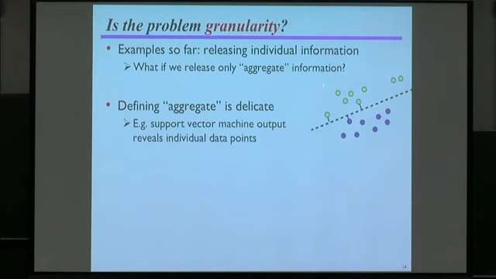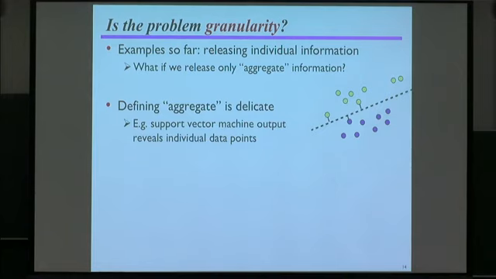It's the result of some global optimization using all the points in the data set. But the standard format for representing the output is that the line is represented by a subset of the data points that define it, called the support vectors. Those data points are released in the clear as part of the description of the line.